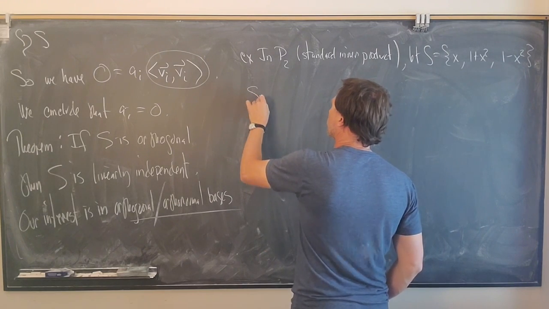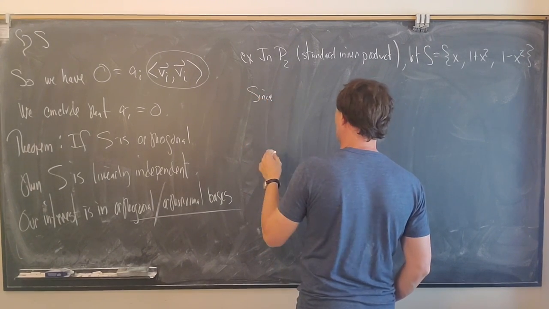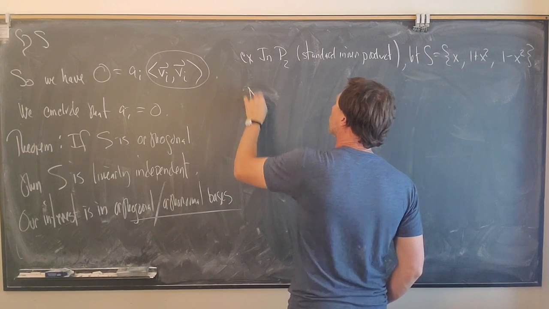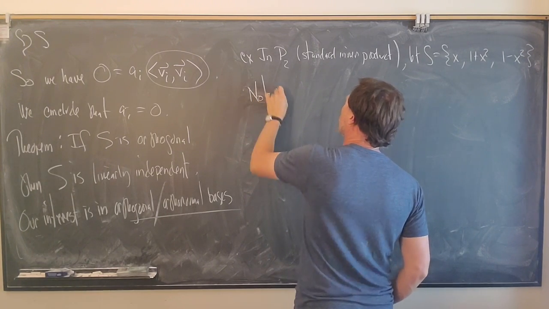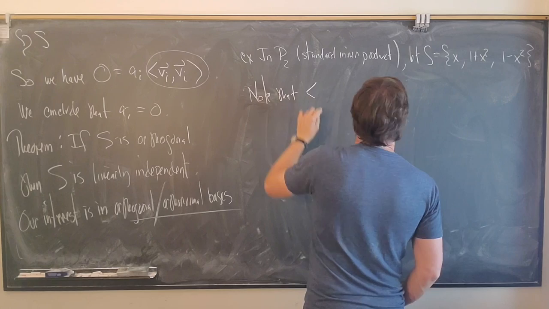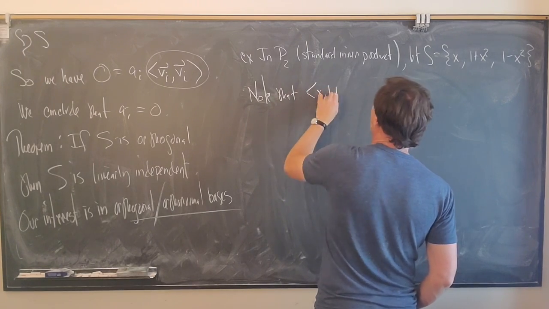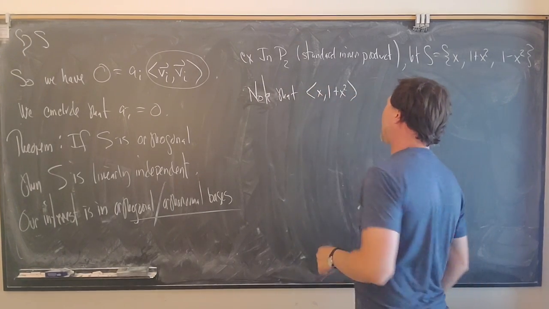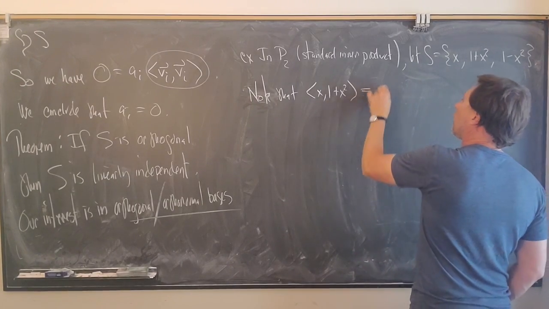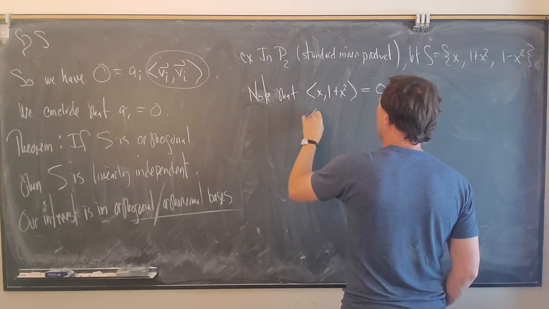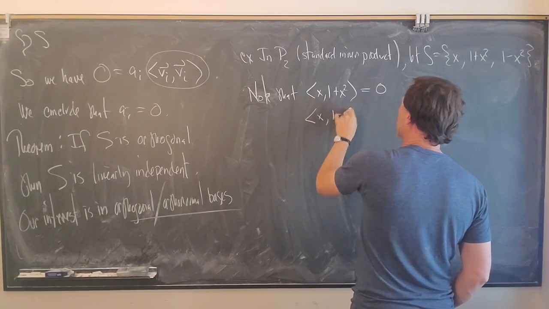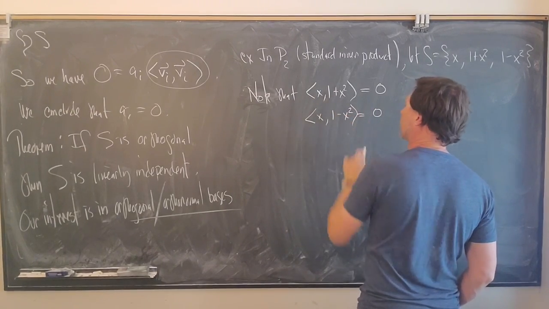So note that when I look at x inner product with 1 plus x squared, that's equal to 0. x with 1 minus x squared inner product equals 0.